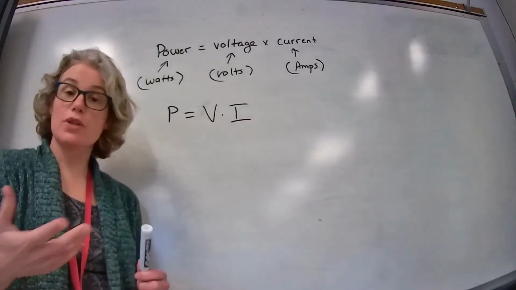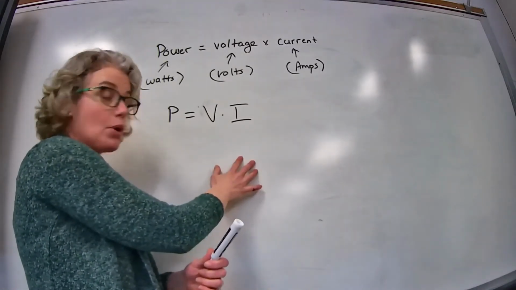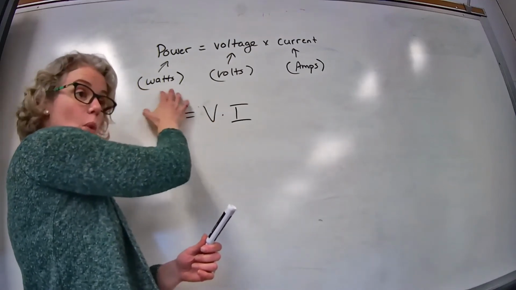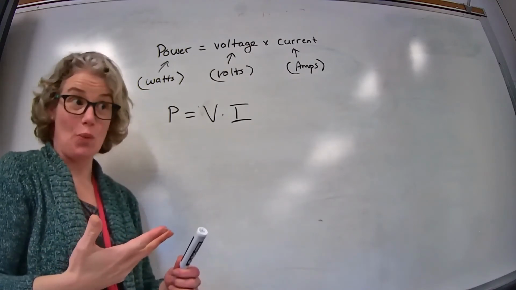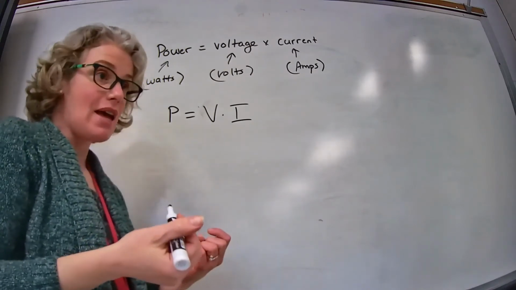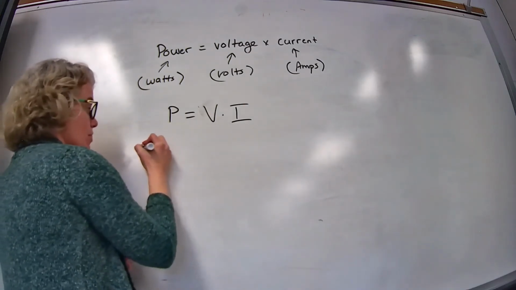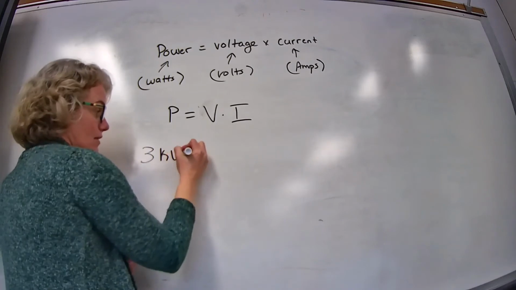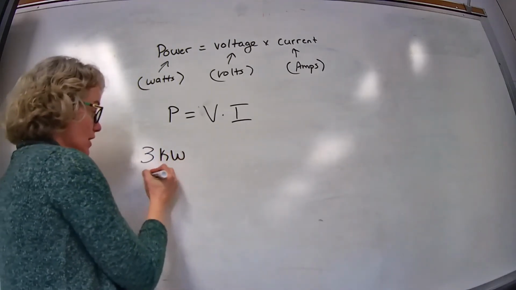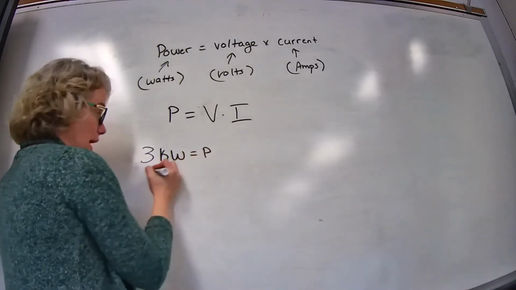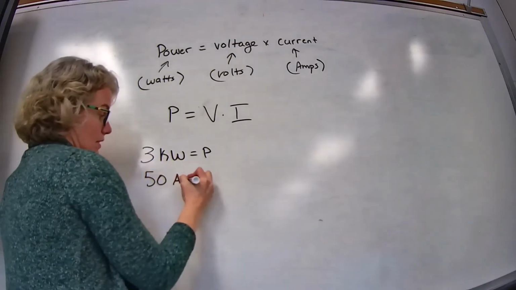Okay, so sometimes you're going to be working with this equation for power, but instead of being given watts, you might be given kilowatts to start with. So let's pretend the problem says there are 3 kilowatts of power, so that's power, and the circuit has 50 amps.